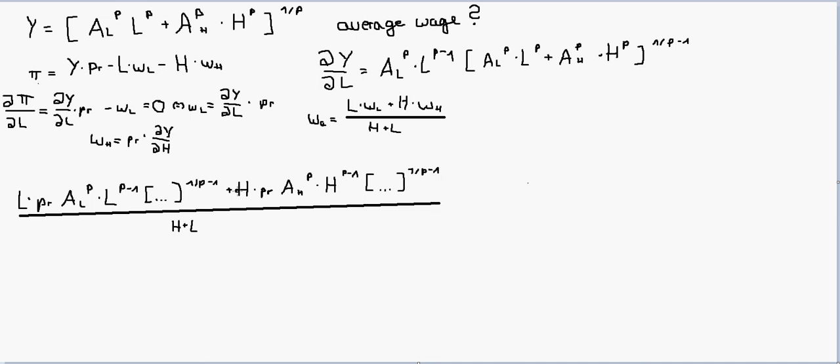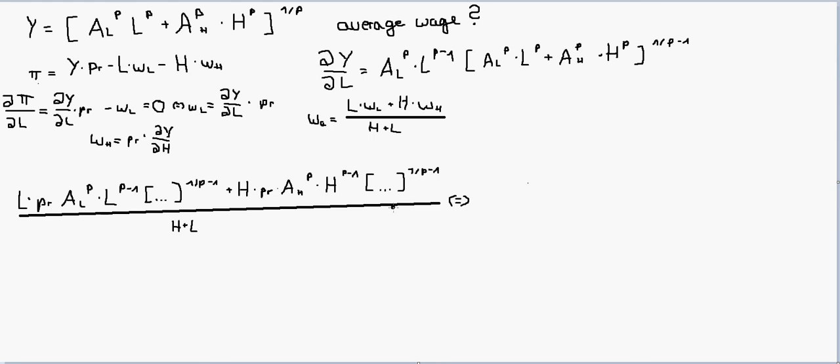And again, with H, it's the same. The H here, wage high, price times the partial derivative of Y with respect to H. And of course everything divided by the whole workforce, H plus L.